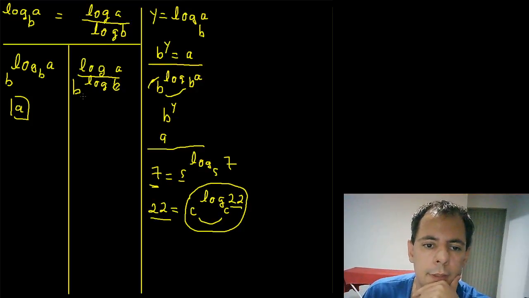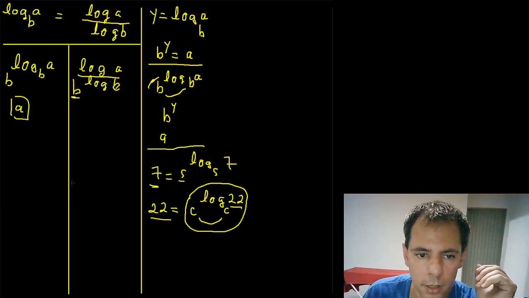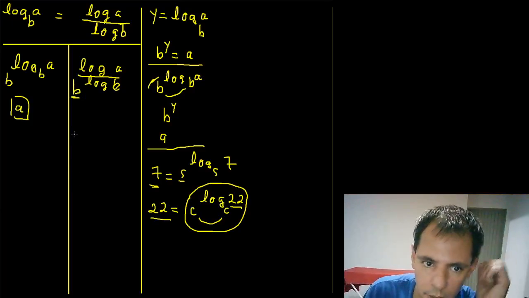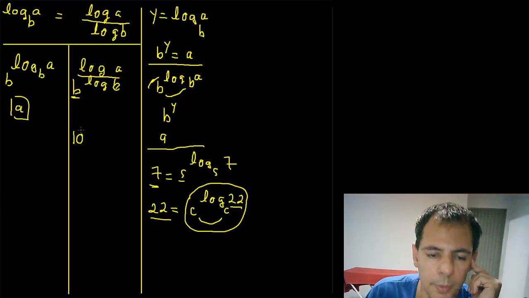Now here's the thing. I'm gonna write this b, this base, in a different way. I'm gonna write it in the power of 10. So how's this gonna work? I'm gonna put a 10 here. I'm gonna say 10 to the log of b.